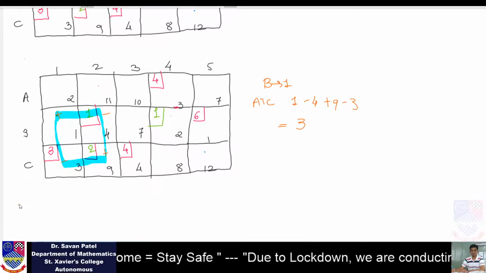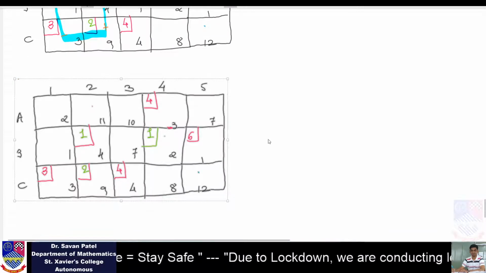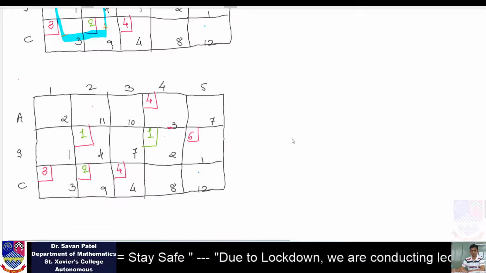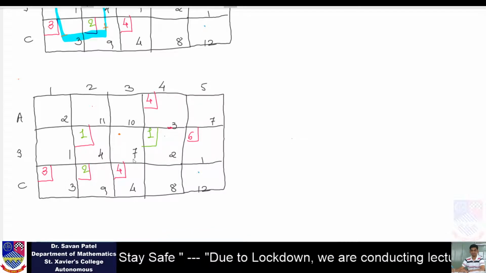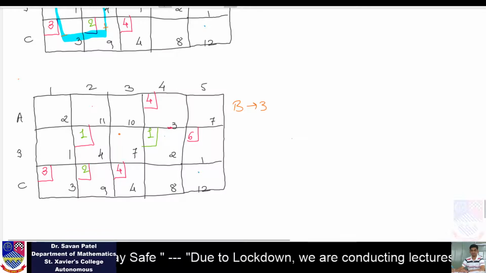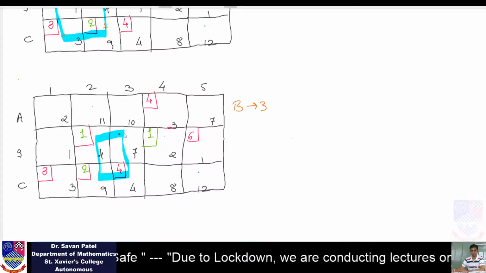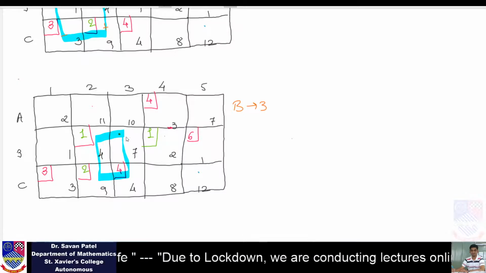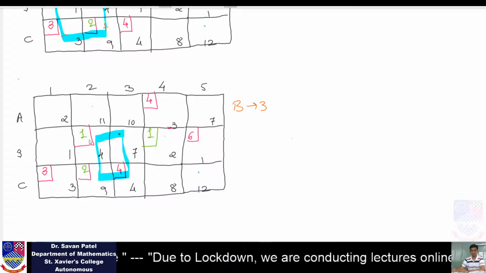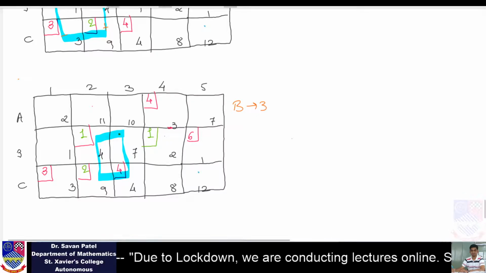So better to go for another. But again, here we can transfer from this point also, B to 3. So let me make a loop. So this is a loop from a non-allocated cell, we have moved to the allocated cells, and wherever we reach we have changed the direction.